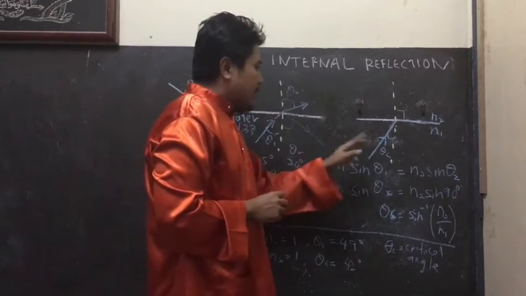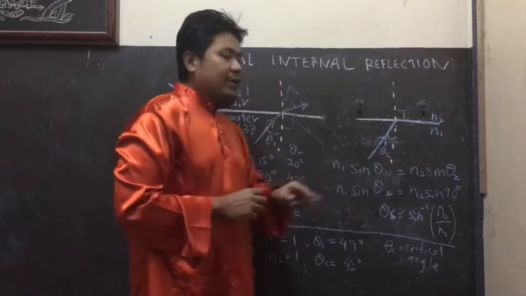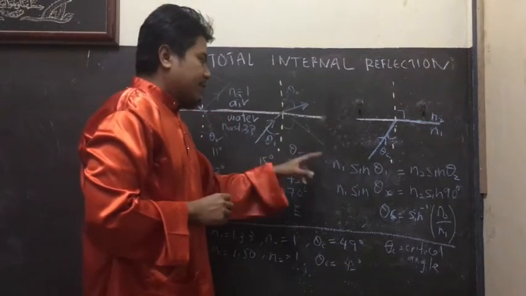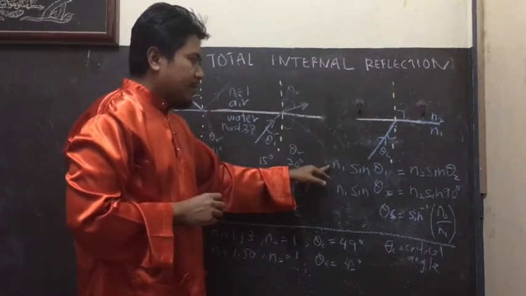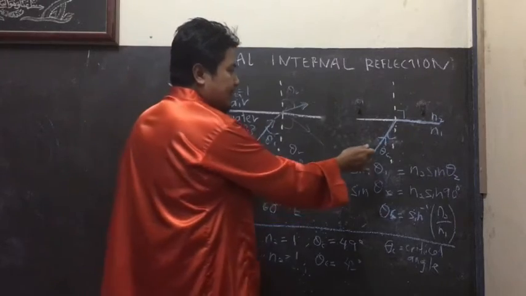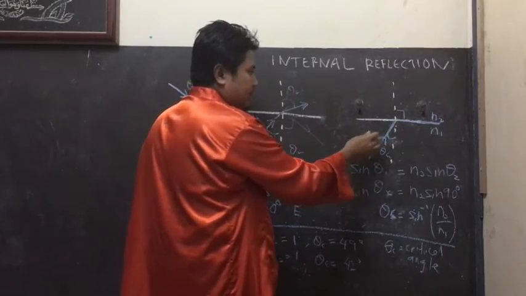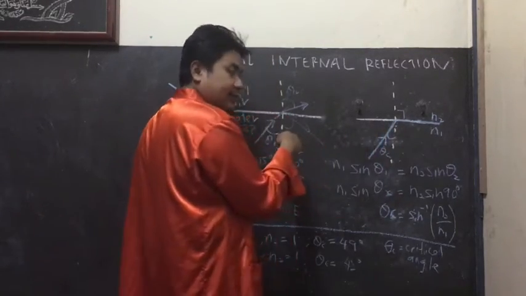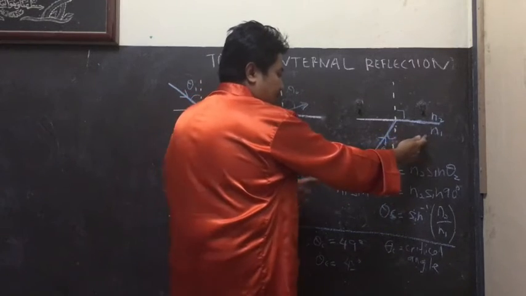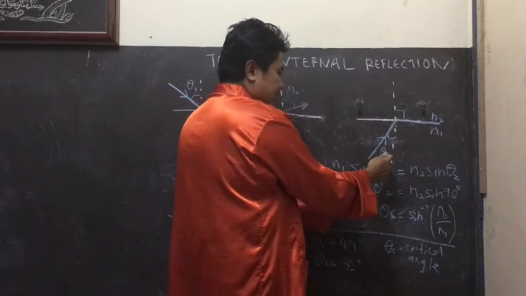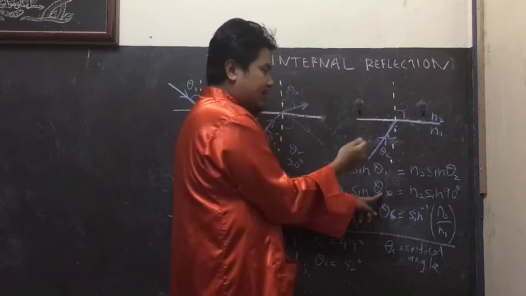Alright, so how do we determine the critical angle? Same, you use this formula, Snell's law. This is the first medium, which in this case is water: n1 sine theta c. This is the critical angle.